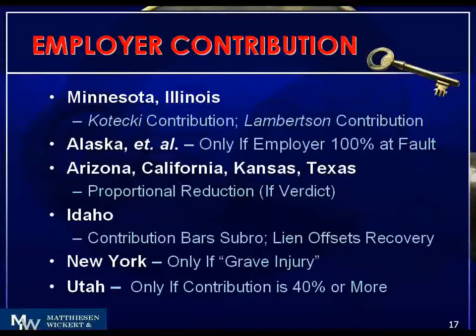In Utah, this means that you can put a lot of emphasis on defending the employer when you think that there's a chance you can hold contribution under 40%. So how the lawsuit is tried is another reason to have local counsel involved.